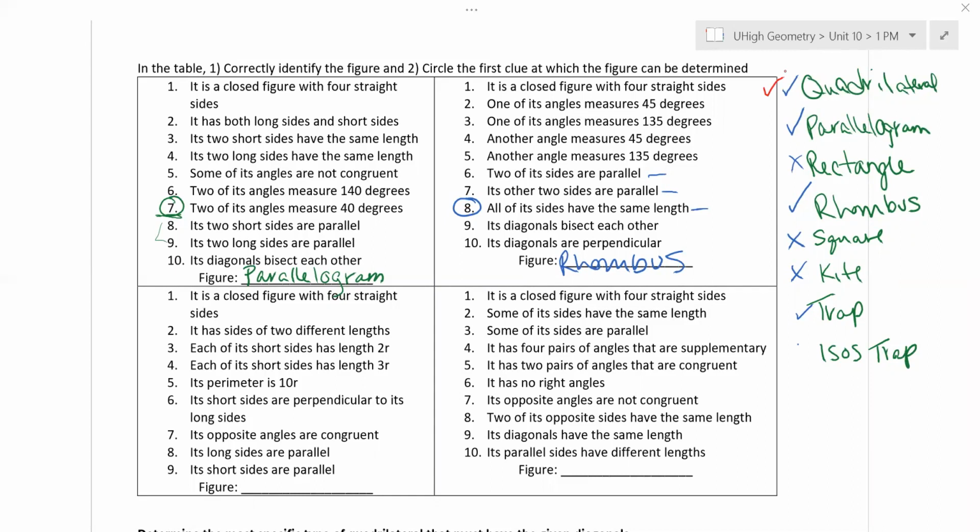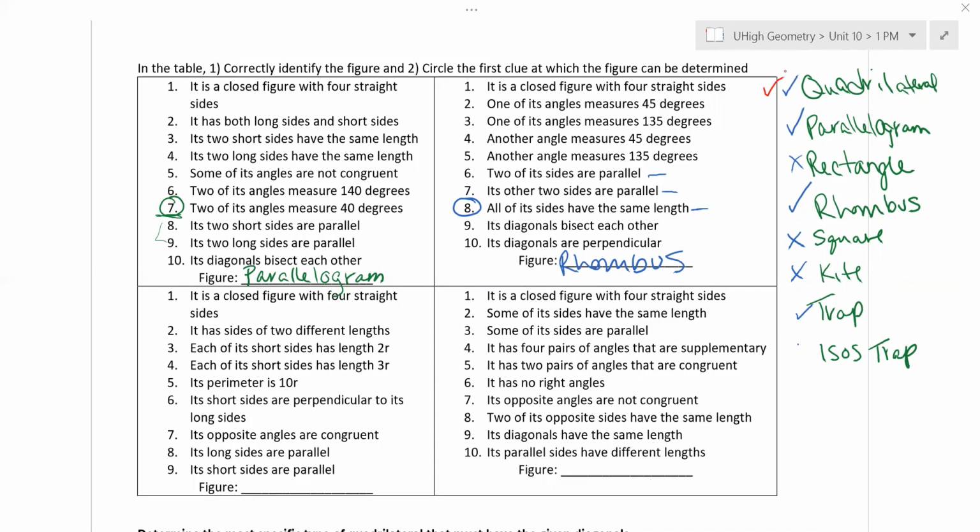Number 2 says it has sides of 2 different lengths. Okay, so if I have 2 different lengths for my sides, that doesn't really narrow it down anymore, but we just know that we have 2 different sides.